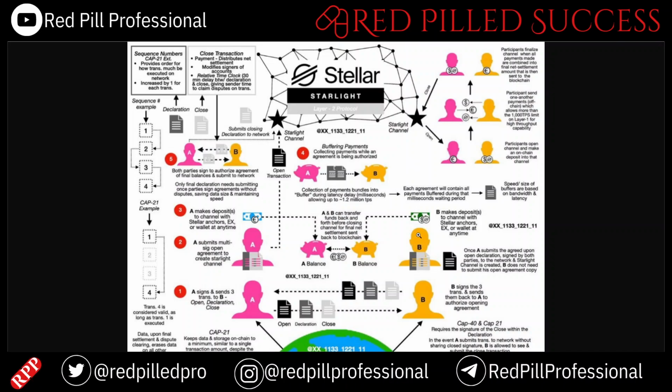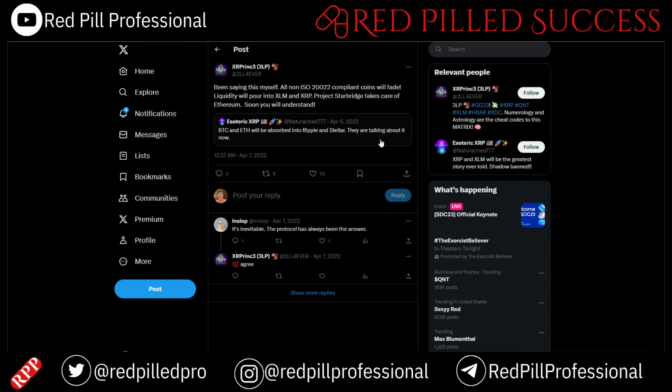So it has a lot of information here, and I am beginning to see that I will probably have to make individual videos on each of these just to properly explain everything. But just remember that Light is a layer 2 protocol on XLM that is designed to make payments either very low fees or to remove the fees altogether if they are transacting on this layer 2 protocol, and we'll expand upon that.